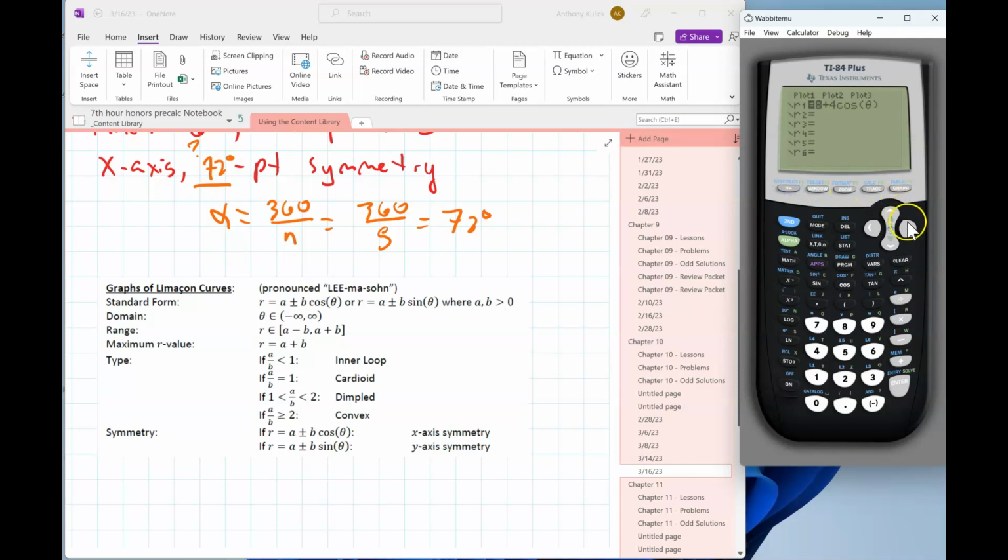You still get convex, it'll just be bigger. So it's just going to be off the screen now. Let's try just doing a zoom fit real quick.